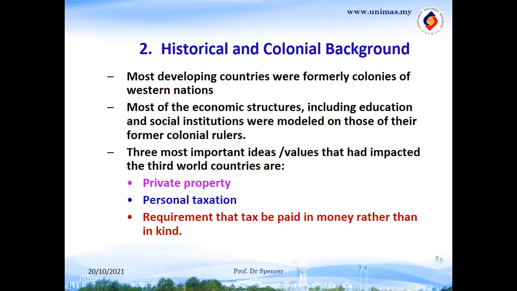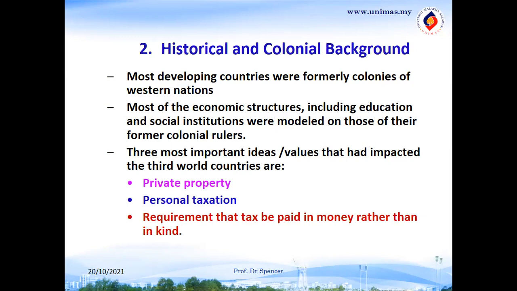Right. Nevertheless, there are three most important ideas or values that had impacted the third world countries as a result of colonization. Adalah yang pertama, the first one is the private property. Kalau sebelum colonization, tidak ada such thing private property. Yeah, so now you have your private property, private land, private houses, and so on and so forth. Yeah.